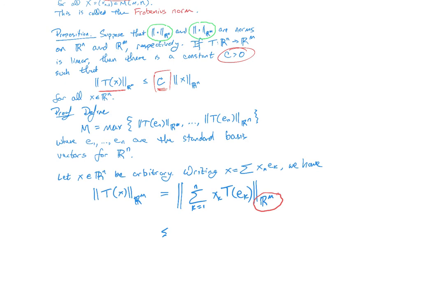Okay, and I want to do one more thing at this step. We also know that, because we're dealing with a norm, that scalar can come out as long as we give it an absolute value. So this is less than or equal to the sum of the absolute values of the x_k times the norms of the transformation applied to the standard basis vectors.